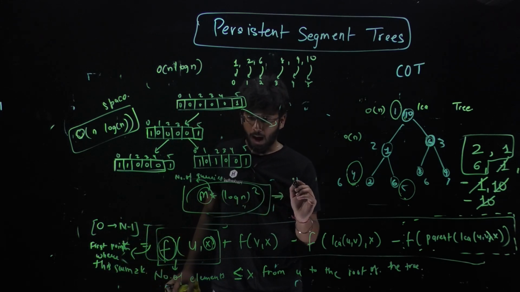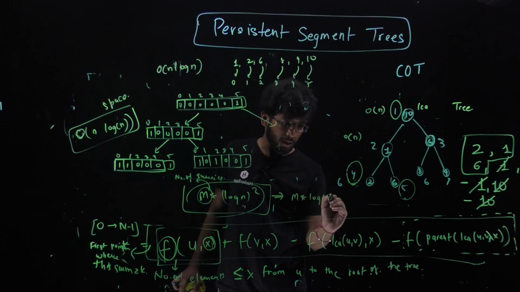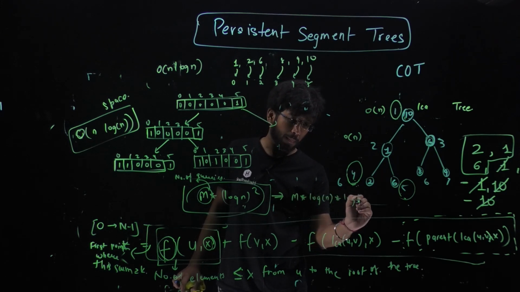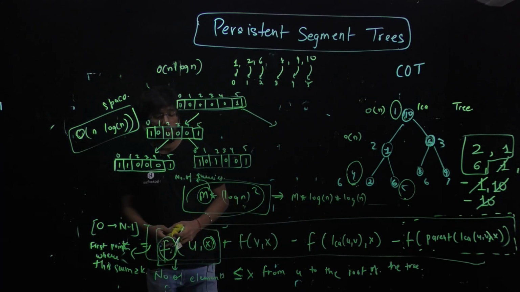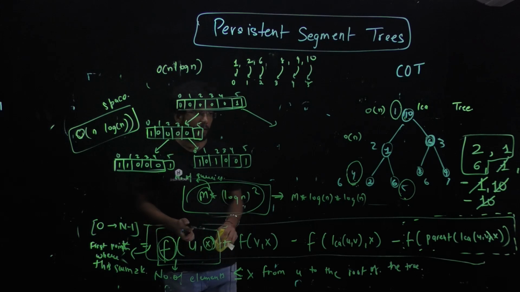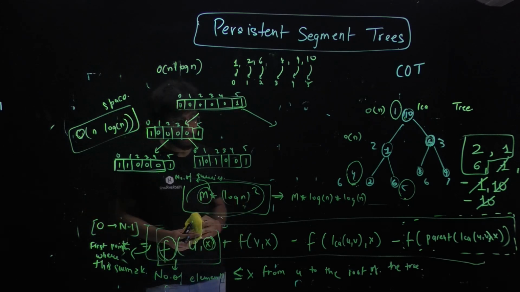So actually the time over here is log n into log n, which comes from the binary search part. I somehow want to reduce this binary search part in this. So how can we do things better?